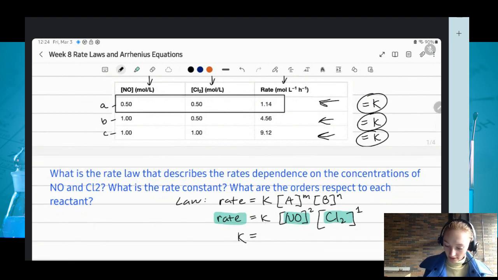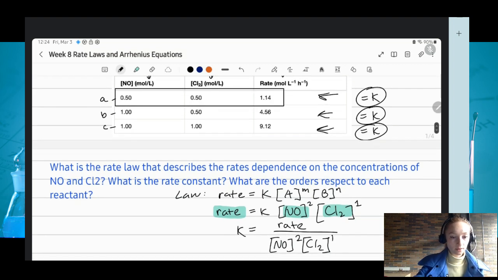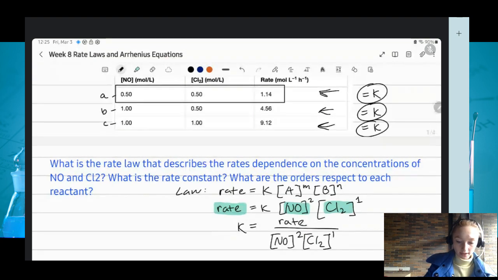And if we move these concentrations and divide it from the rate, we will get the K. So the rate divided by NO squared Cl2 to the first power. Okay, so I'm going to pull from the first sample. I called it A right here, this one.